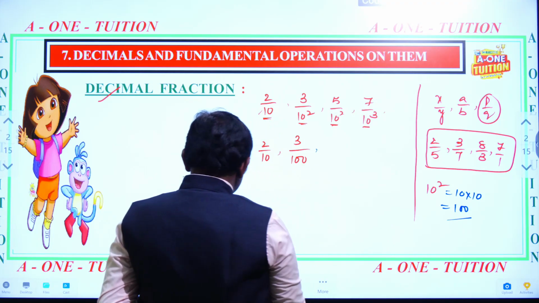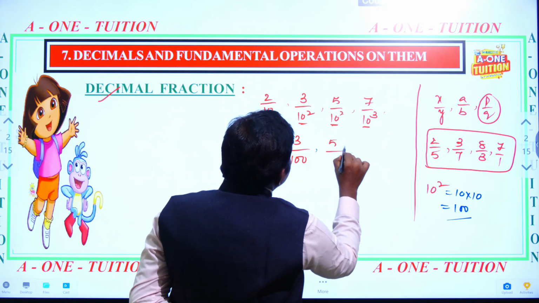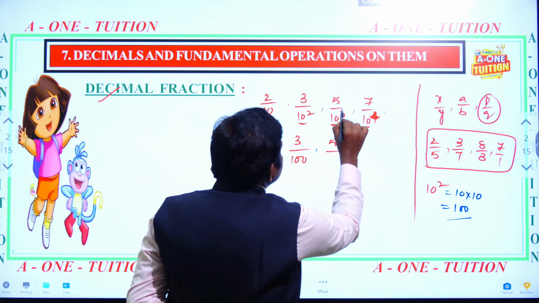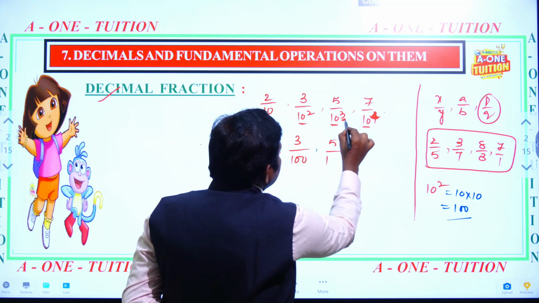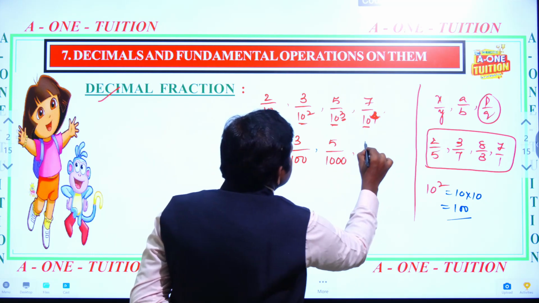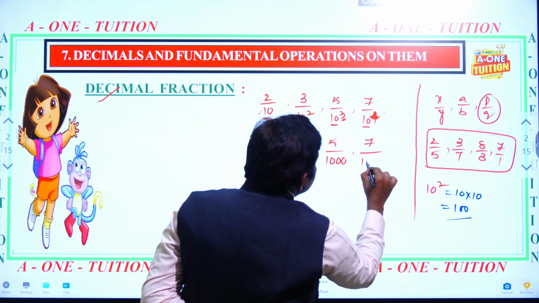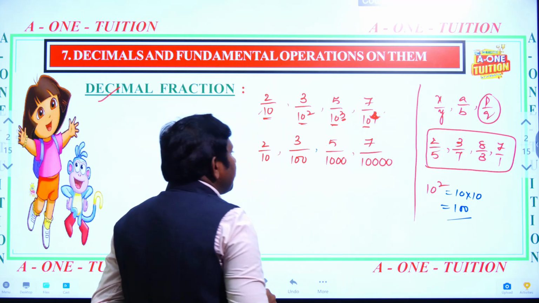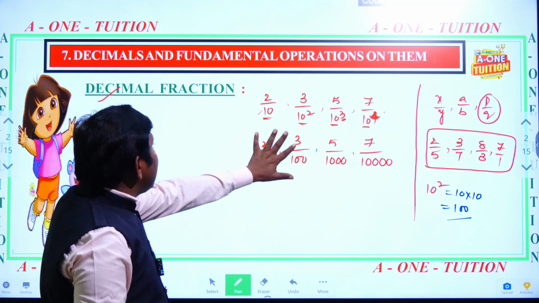Next, 5 by 10 cube, where 10 cube means the power 3 represents how many zeros we keep after 1: 3 zeros. Next, 7 by 10 power 4, where 10 power 4 means 4 zeros should follow 1. So these are the decimal fractions.